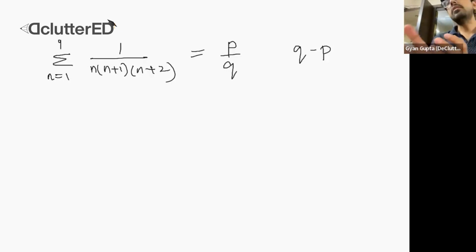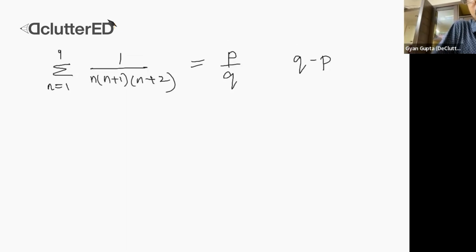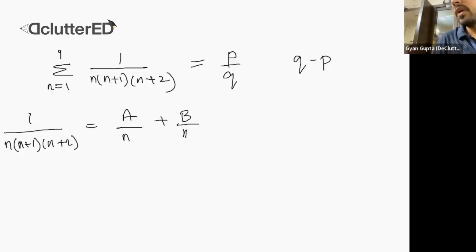Whenever we see a number to have a product in the denominator, the first thought that comes to my mind is splitting the number into its partial fractions. And by partial fractions, I simply mean writing this number in the form of A by n plus B by n plus 1 plus C by n plus 2. Why?